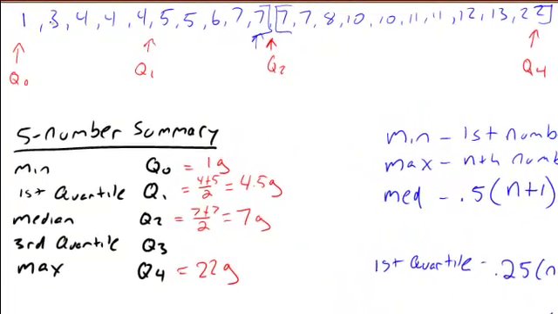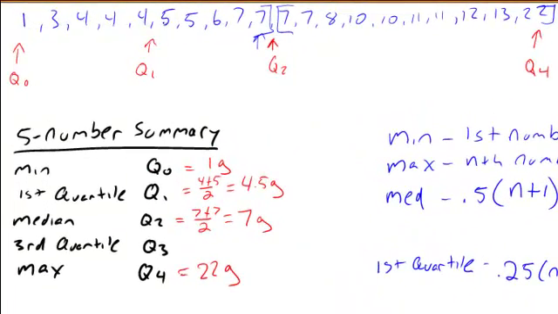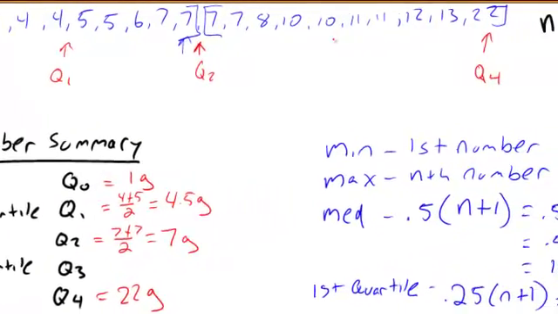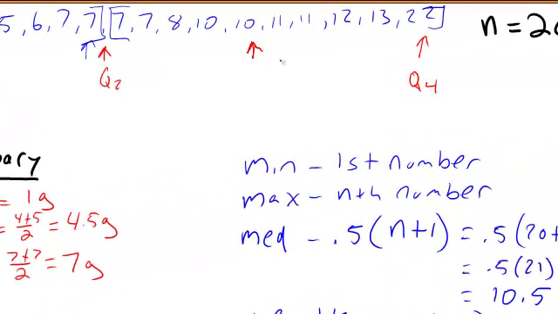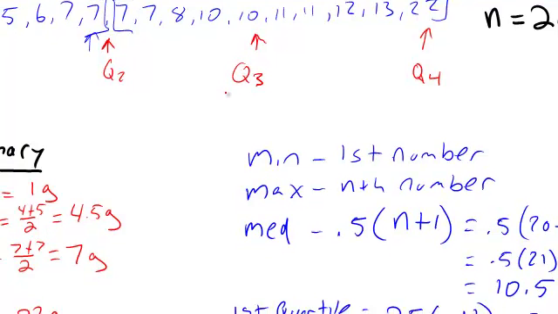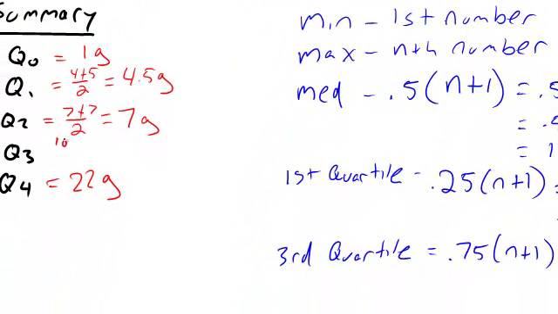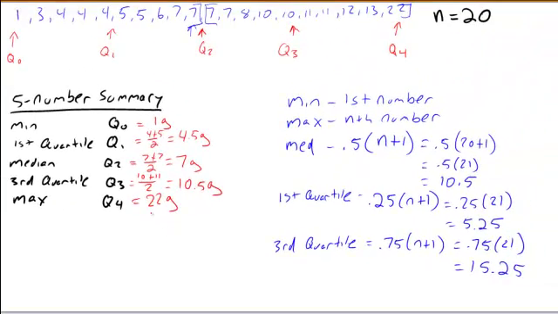So I'm going to count over 1, 2, 3, 4, 5, 6, 7, 8, 9, 10, 11, 12, 13, 14, 15. It's going to be right here between 10 and 11. So for quartile 3, I'm going to do 10 plus 11 divided by 2. That's 21 divided by 2, so that's 10.5 grams.